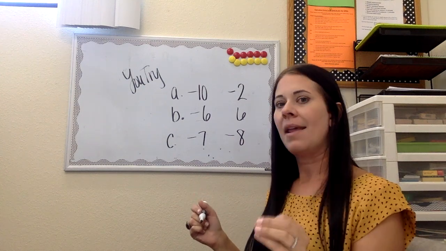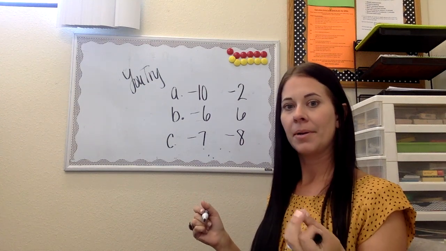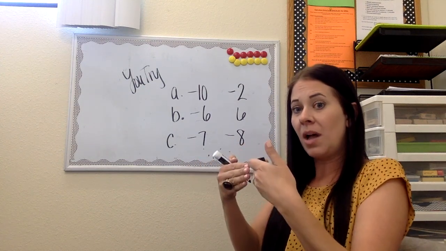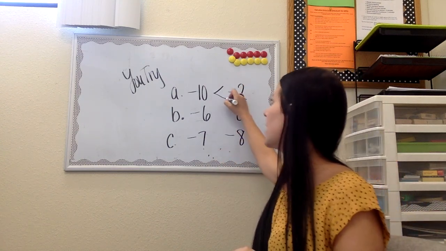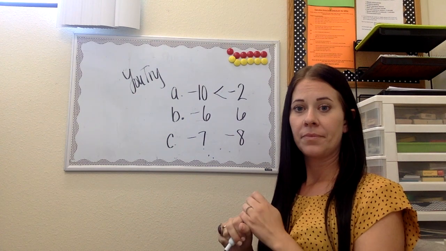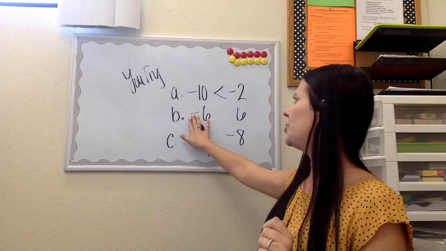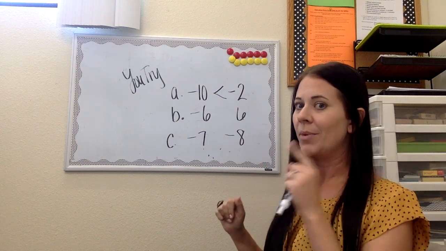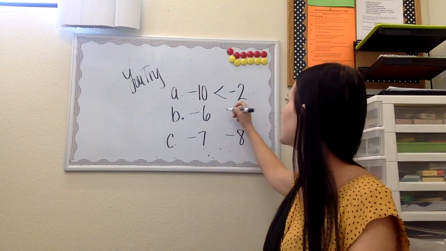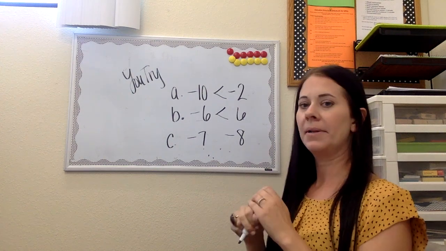So if you think about it, that's actually the bigger number, because being down only $2 is better than being down $10. So we're going to open our sign to that bigger number. Okay, so same with this. Would you rather have lost $6 or have $6 in your pocket? We'd all rather have $6 in our pocket, so we're going to open to the bigger number.